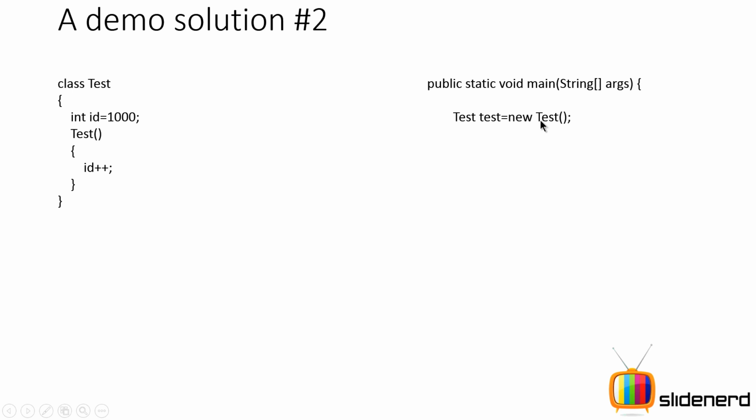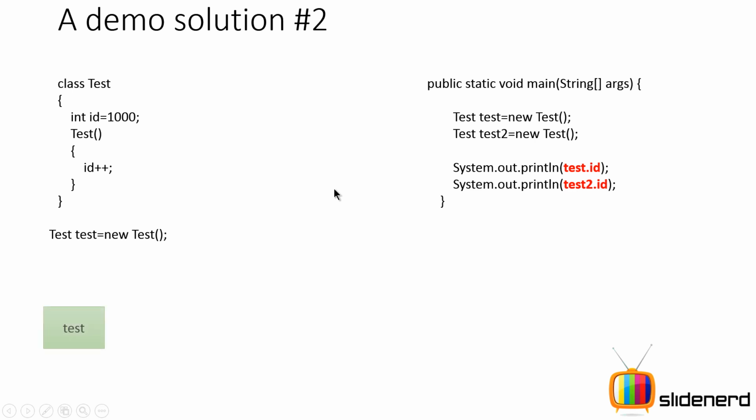I said test is new Test. At this point, my constructor is going to get called, and id will become 1001. Test2 is new Test, which is a separate object of Test. Again the constructor is called, id is 1000, it becomes 1001. If you print test.id and test2.id, you are going to get something like this.